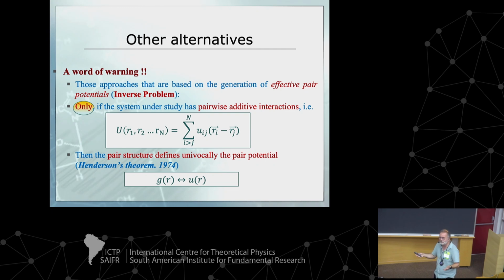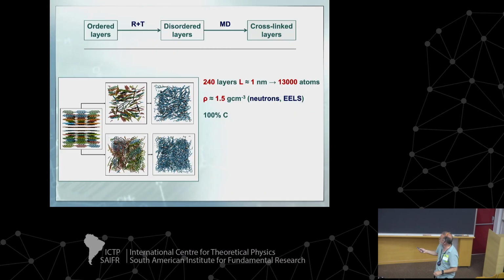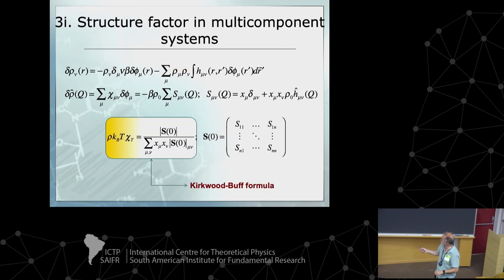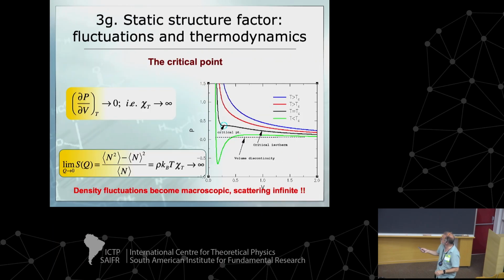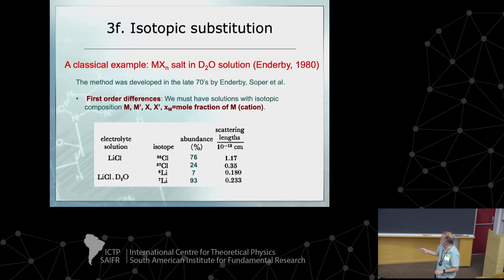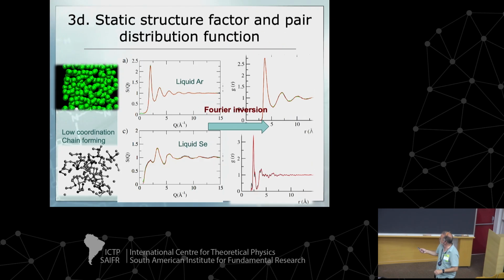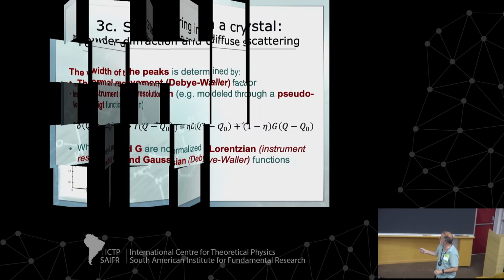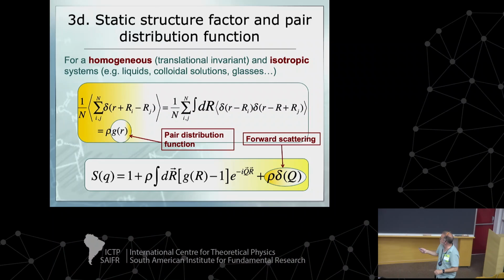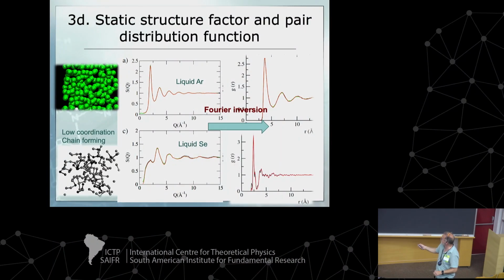We did the experiment using selenium. I mentioned before that selenium is an interesting subject because it forms chains. So we did the inverse. We got the potential that reproduced exactly this interaction. Just to recall, here you have liquid selenium.